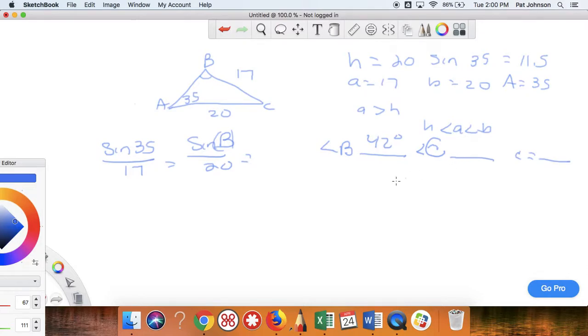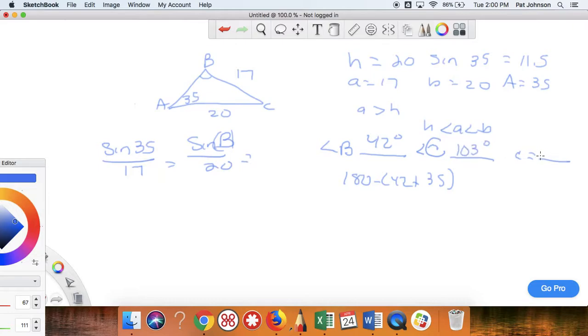Now to find C, we take 180 minus 42 plus what was given, 35 degrees. When we do this, we get C is 103 degrees.